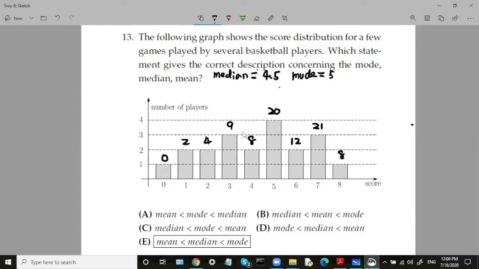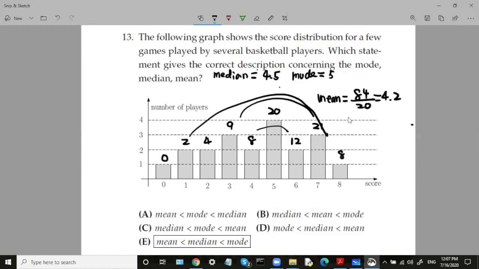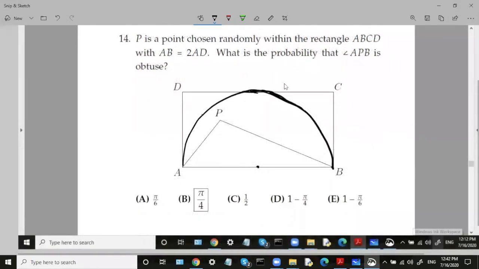Let's add all these numbers: the total is 84. So mean equals 84 divided by 20, which is 4.2. So the mean, 4.2, is less than the median, 4.5, which is less than the mode. The answer is E.